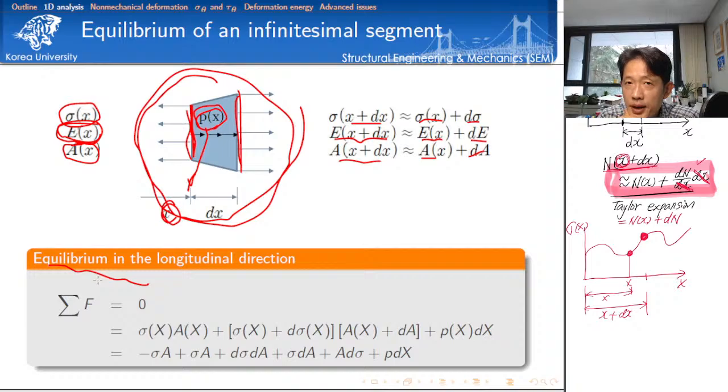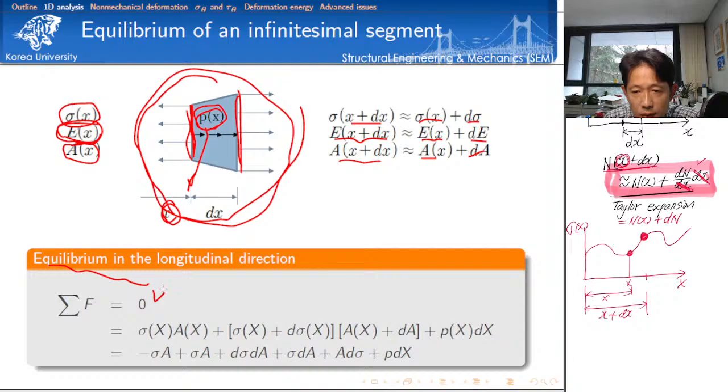I explained this before when I discussed Newton's second law. The sum of force is also equal to 0 for a moving body with constant velocity, but we are talking about a stationary system. That's why we don't consider any non-zero velocity. So the sum of force should be equal to 0.